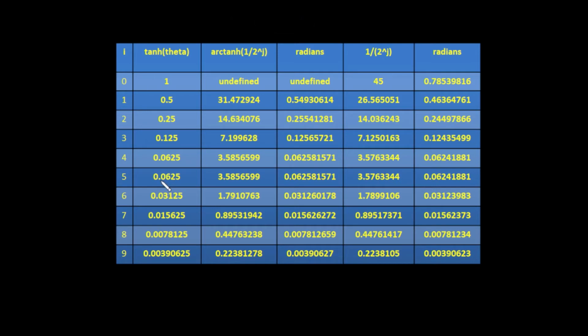Now there is one other complication which I'll talk about in a different video, but we'll just mention it here, and that is that in order for the hyperbolic version to converge, that is, to give the correct value for our gain, we're going to have to repeat step 4 twice.